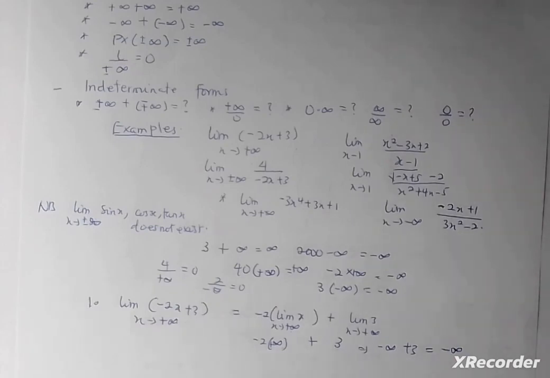Let me give you a second example of determinate form. So a second example is the limit as x approaches plus or minus infinity of 4 over negative 2x plus 3.